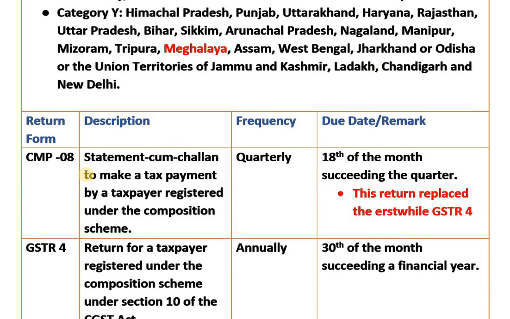Next is the return form Qrmp 08. Qrmp 08 is a statement cum challan to make a tax payment by a taxpayer registered under composition scheme.